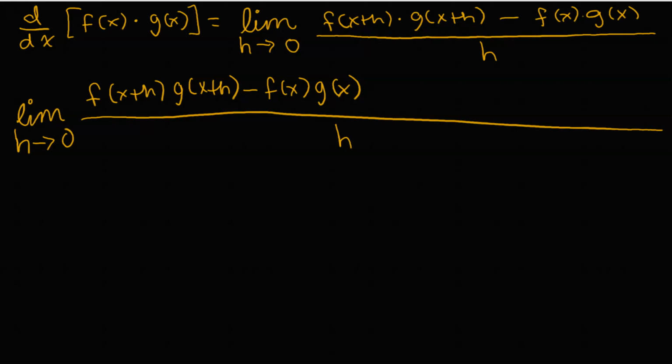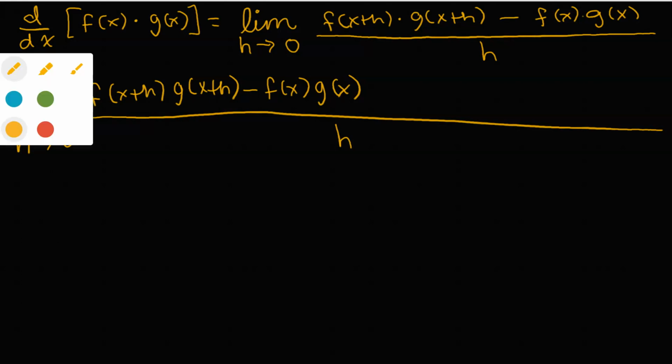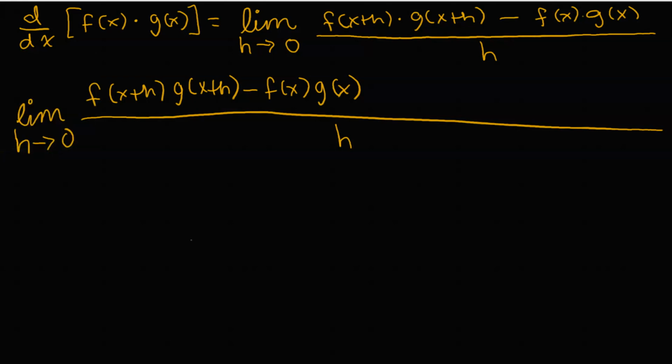That is what we have right now. You would be thinking, why am I writing that and leaving room? What I'm going to do is add 0 to the numerator, because adding 0 wouldn't change the value of the numerator, okay?